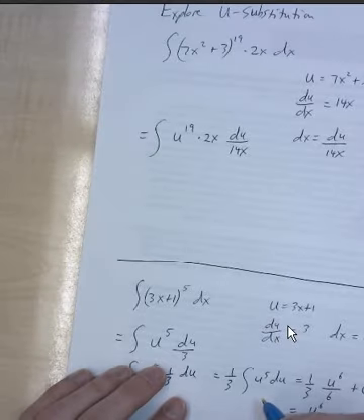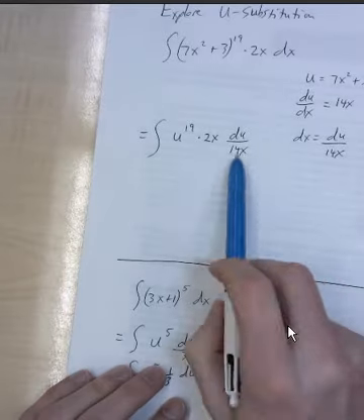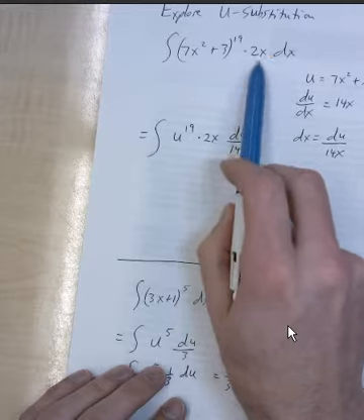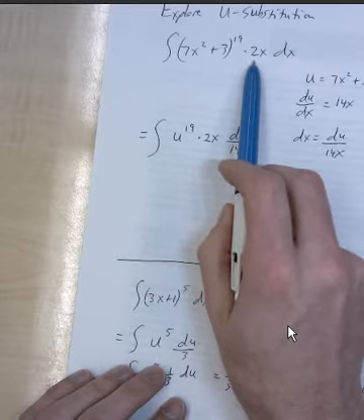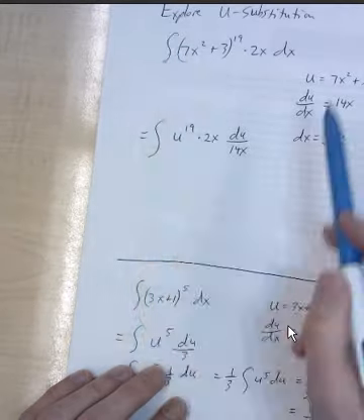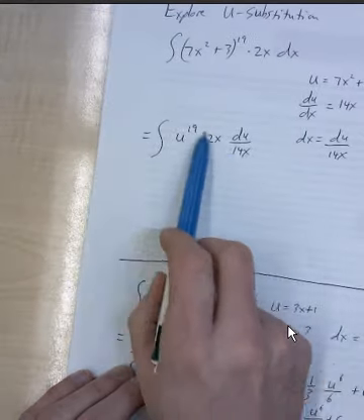Remember what we needed here from before? This was supposed to be 14x, but it's 2x, so we needed a 7. And so we're going to have a 1/7 on the outside. That's what we should have if we do this right. Notice the 2x and the 14x cancel off, and we're left with 1/7.